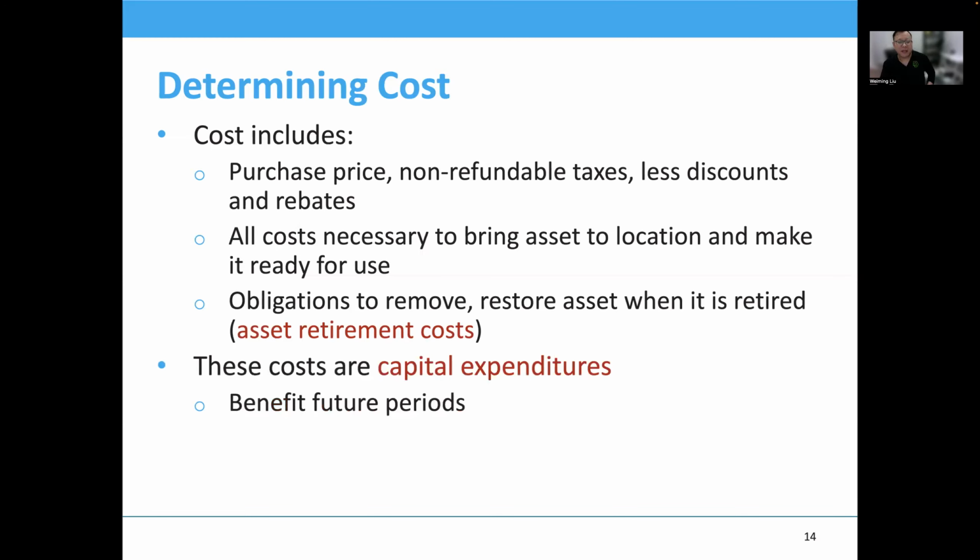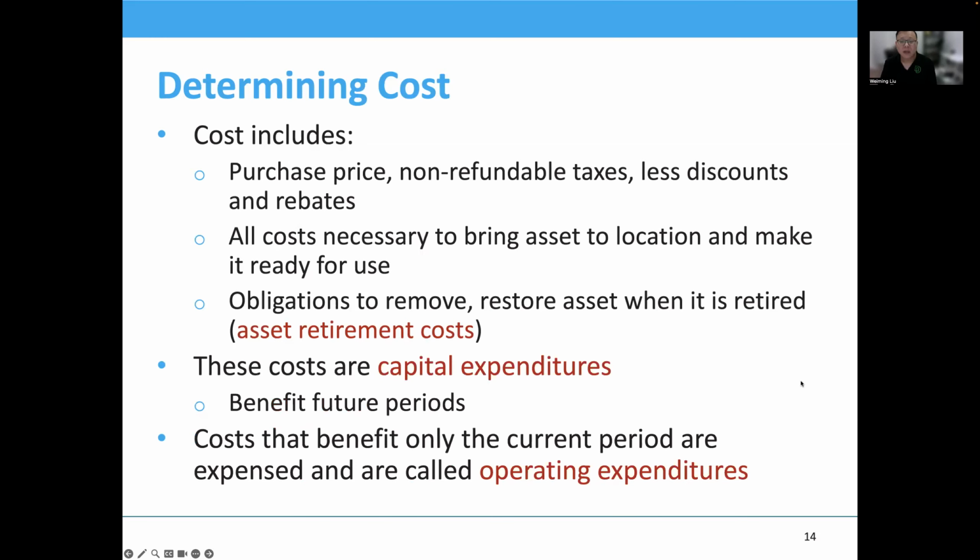So we say these costs are capital expenditures, they benefit the future periods. The costs that benefit only the current period, we call operating expenditures. So expenditures is different from expenses.